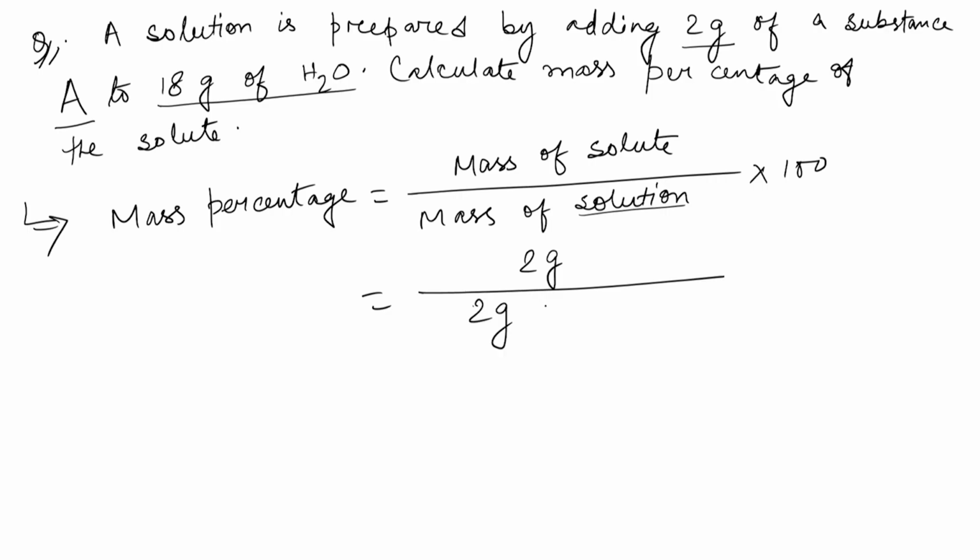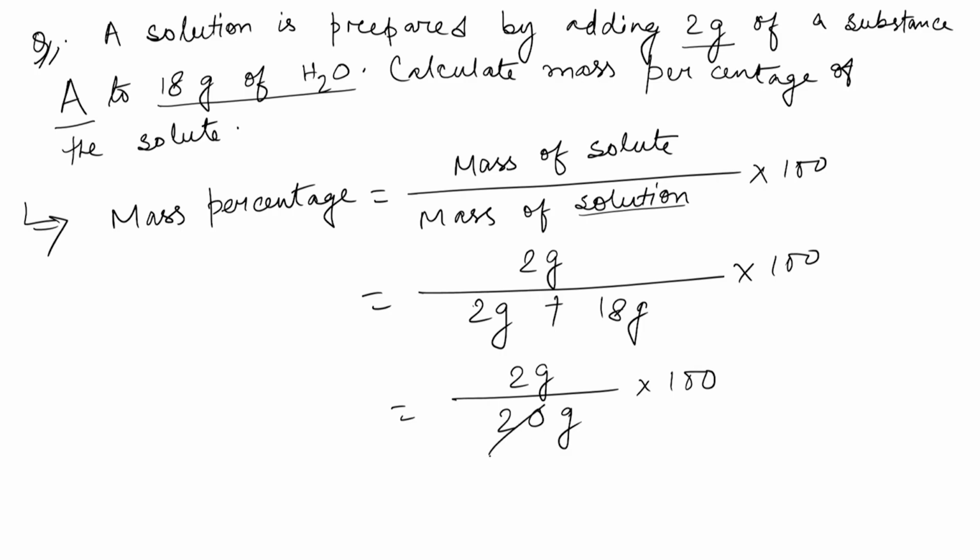Water is the solvent here, so 2 grams plus 18 grams. So, 2 grams by 20 grams into 100. The mass of the solution is 20 grams, so this becomes 10%.